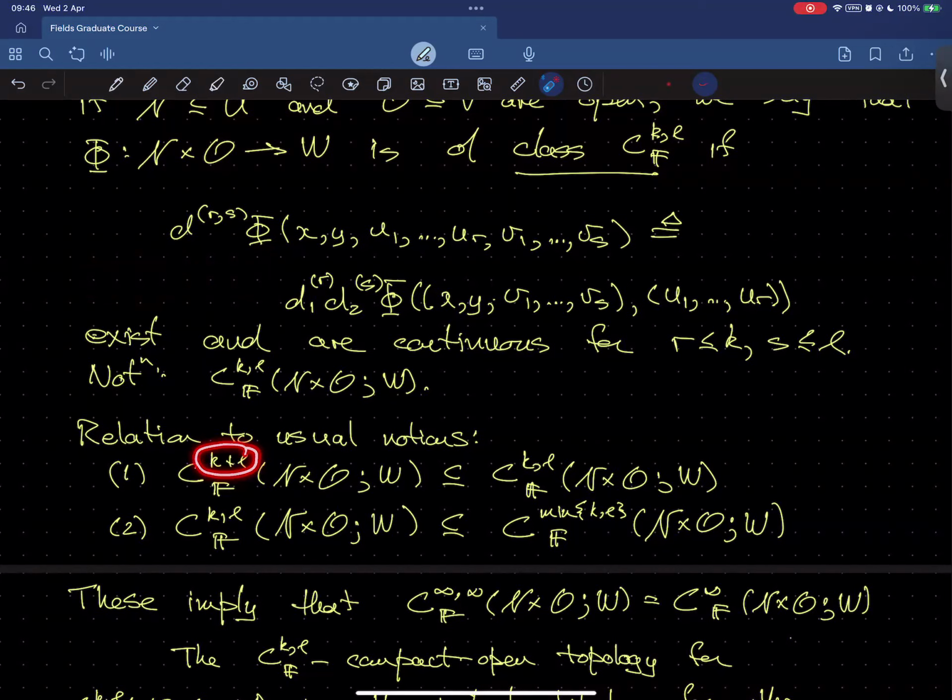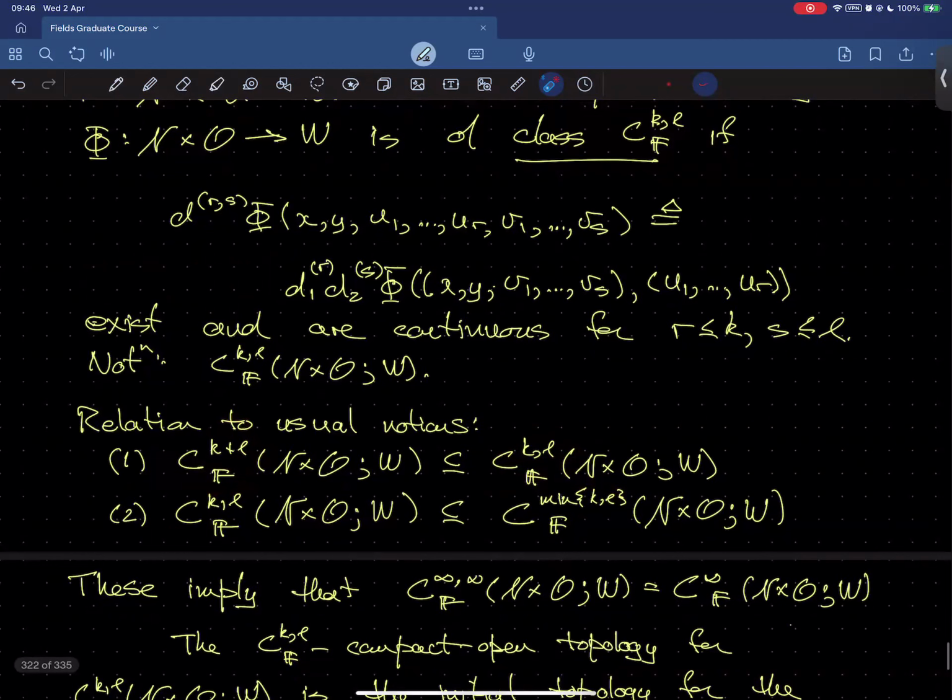So I fix a K and an L, and then CK plus L is a subset of this one. So everything which is of differentiability class K plus L is automatically CK comma L, all right? And then CK comma L automatically have the regularity of the minimum of K and L, all right?